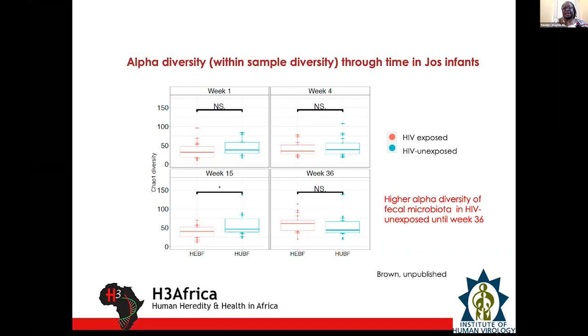So like I say, clearly one thing that was very obvious to us is the higher alpha diversity in the fecal microbiota of HIV-exposed infants that we see along week 1, week 4, up to week 15. That is clear. And then it begins to normalize at week 36. So how that associates with the response to pediatric vaccines is something that we're very interested in.